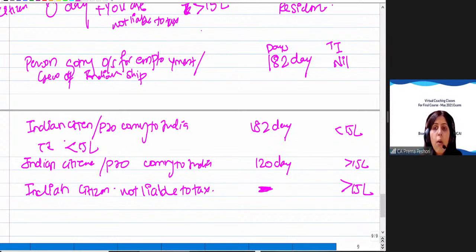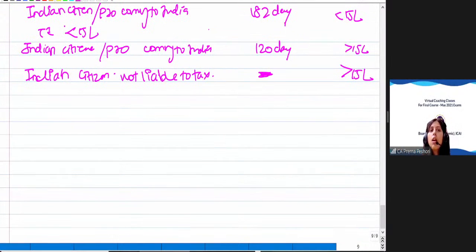So now understand one thing. Because this particular provision has been introduced, understand what is the implication of this provision? Understood that this is something which has changed.